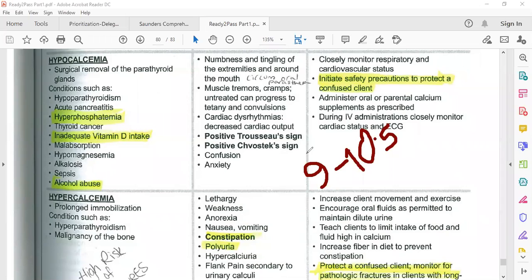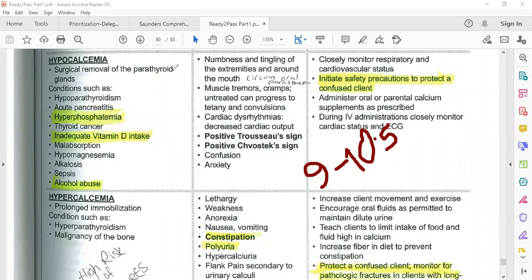If anybody's calcium level is less than 9 or 8.5, this is hypocalcemia. The unit is milligram per dL. If anybody's calcium level is more than 10.5 milligram per dL, this is hypercalcemia.